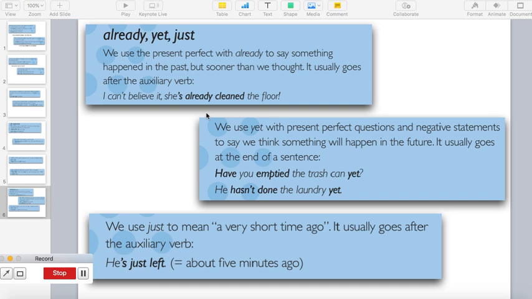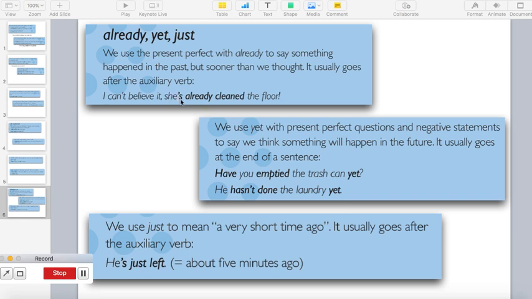So, this is going to be also after the auxiliary. For example, if you want to say "que ya terminé la tarea", I can say I have already finished the homework. I have or I've already done it.